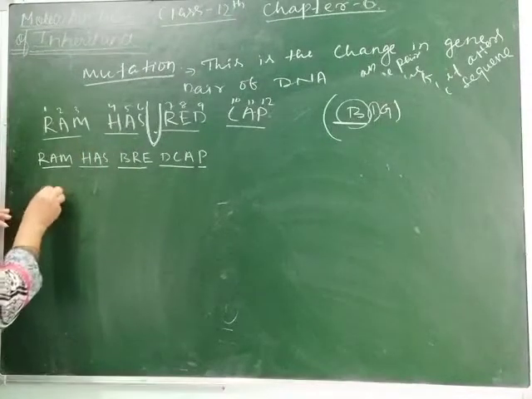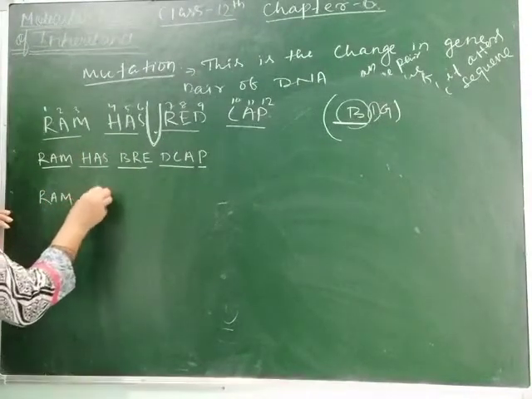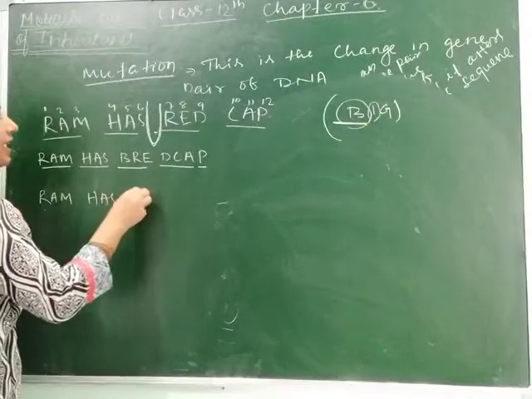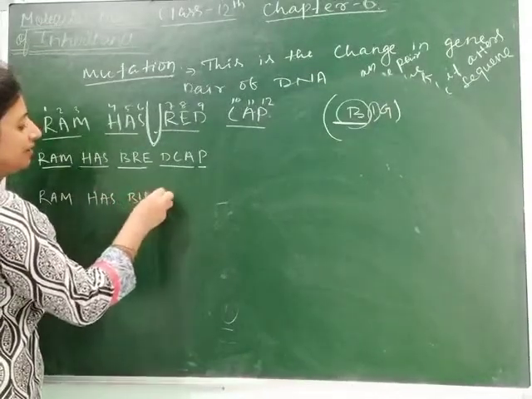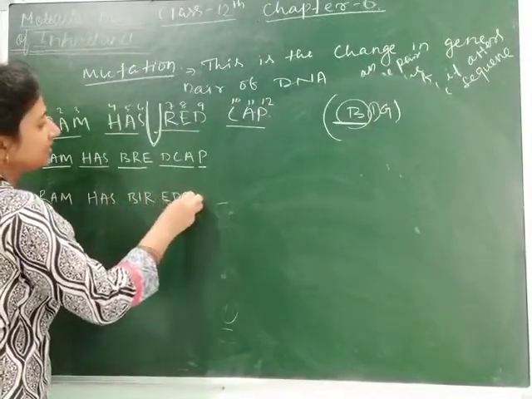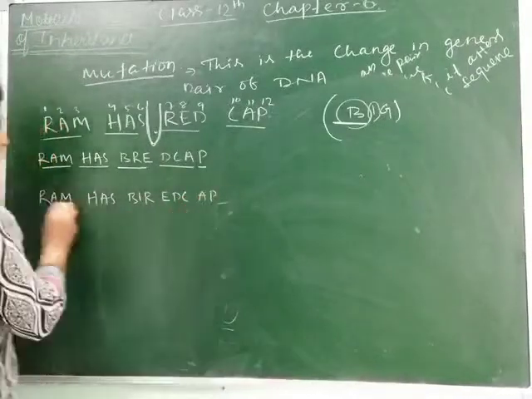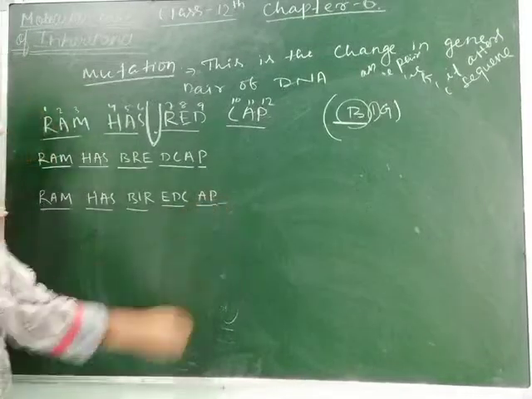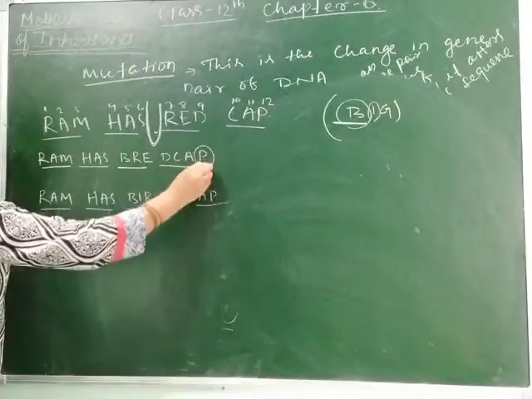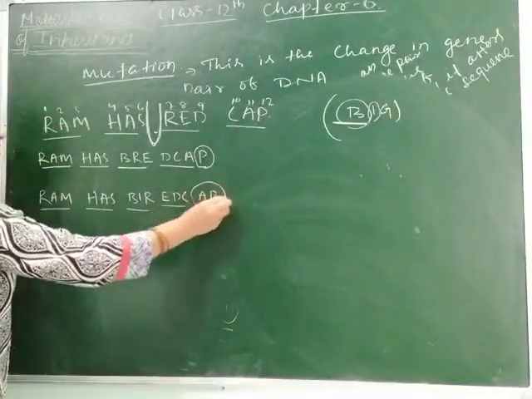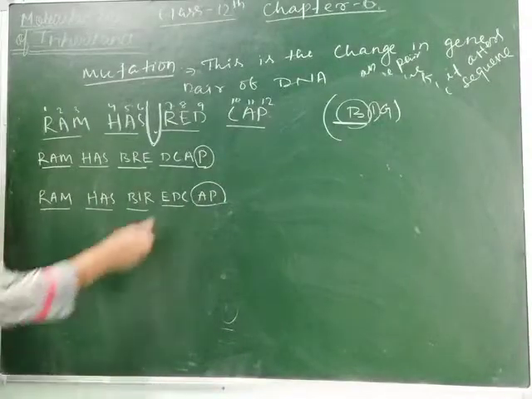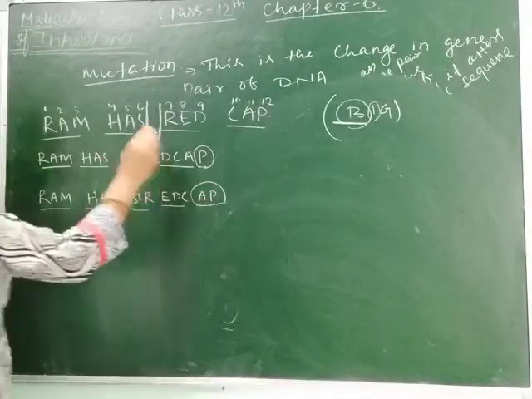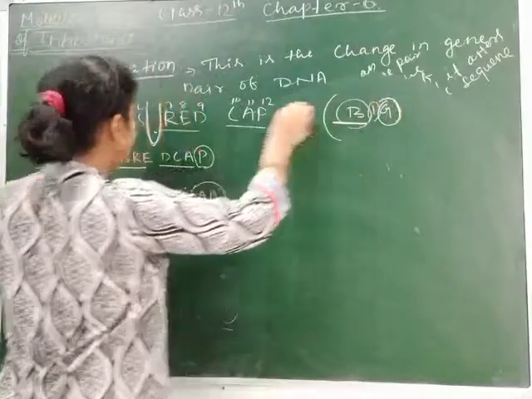So Ram has B, I, R, E, D, C, A, P. So this is 3, this is 3, this is 3, this is 3, and this is 2. First we get a single P, then we get a double. Single letter here, double letter here. Again the next letter G will be added.